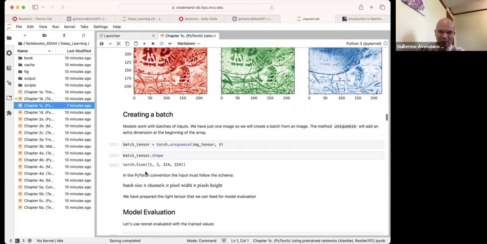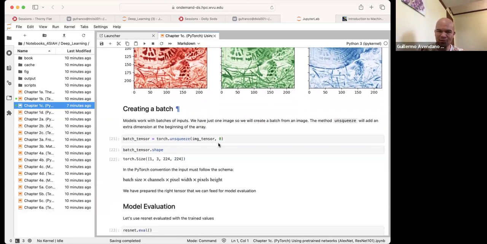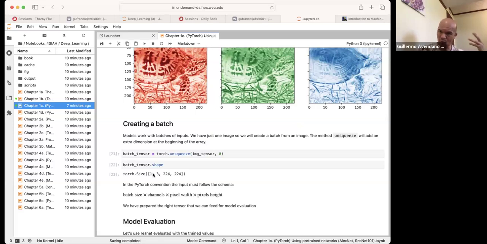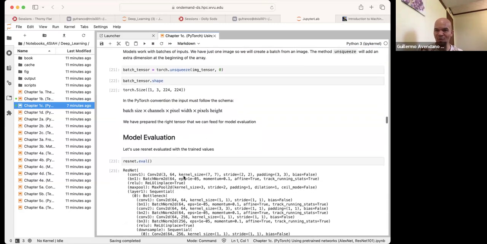Taking that, I am building that image as a single input, as an array of one element, one image, one case, which is composed of three images, 224, 224. That's my input for the model evaluation, because the model is already created.